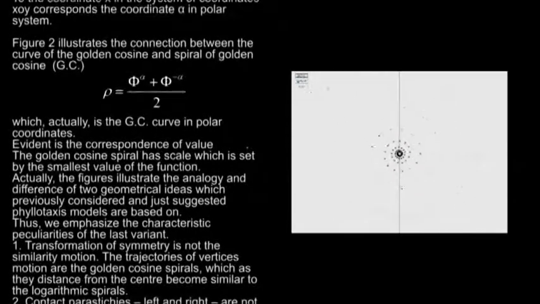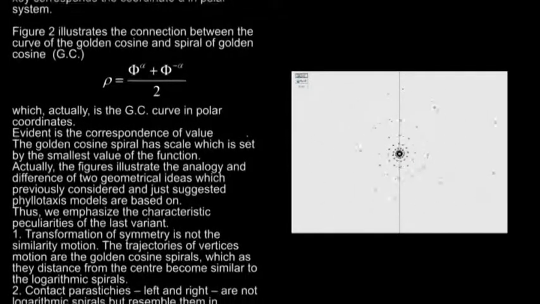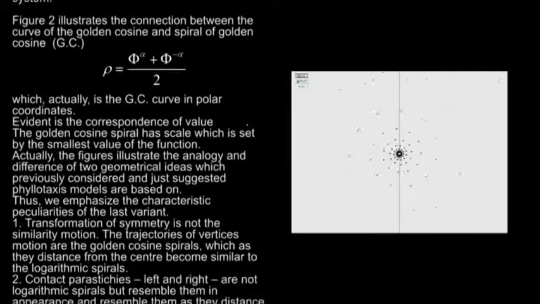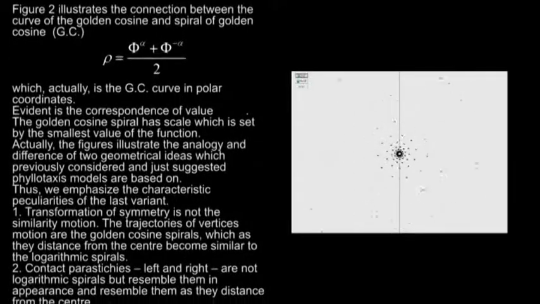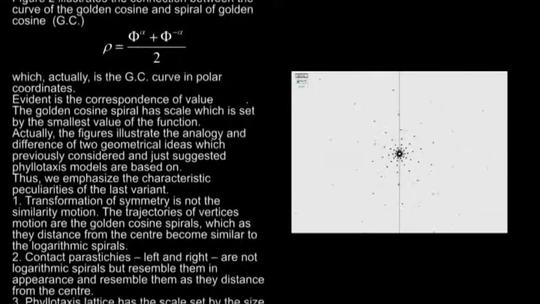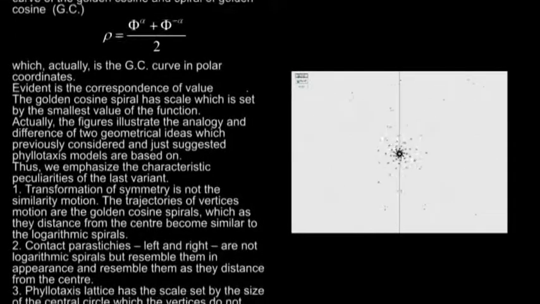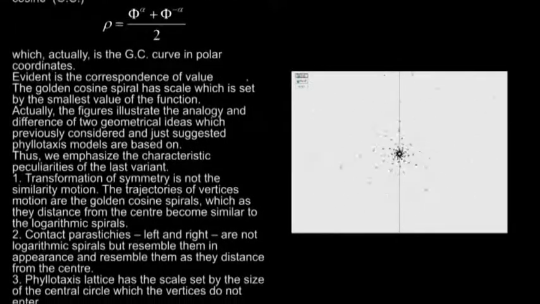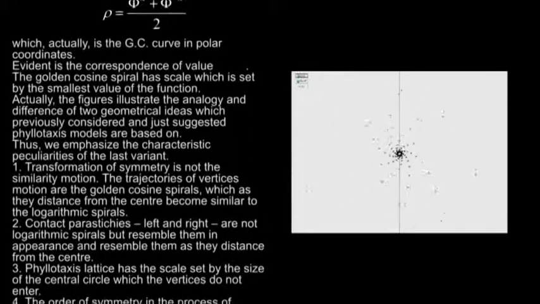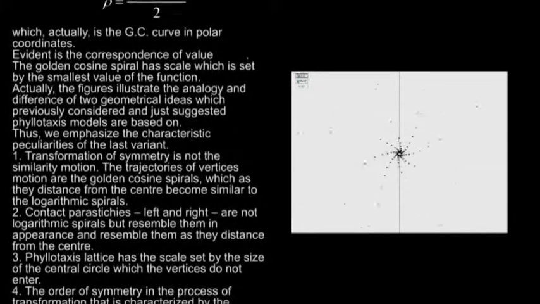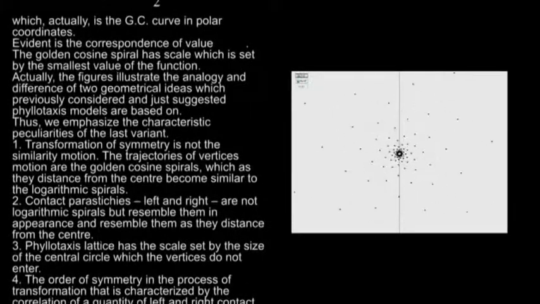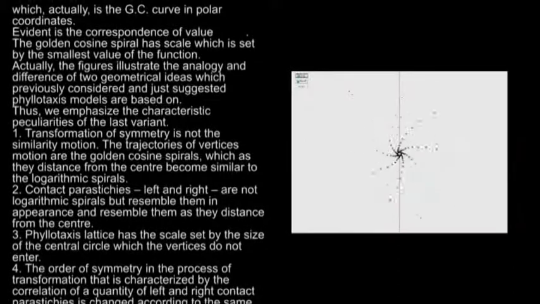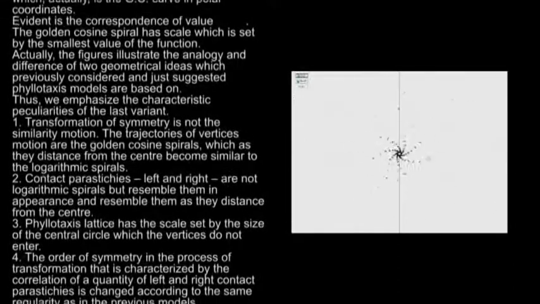Thus, we emphasize the characteristic peculiarities of the last variant. First, the transformation of symmetry is not a similarity motion. The trajectories of vertices motion are the golden cosine spirals, which, as the distance from the center grows, become similar to the logarithmic spirals.